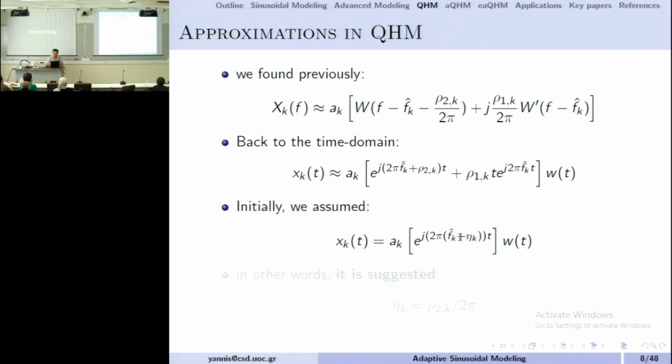So what we claim is that this rho 2 contains information about eta, which is the displacement of the frequency. So our suggestion is that someone can estimate eta from rho 2. What is rho 2?